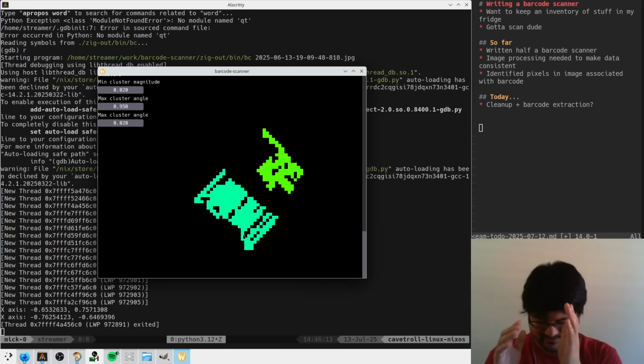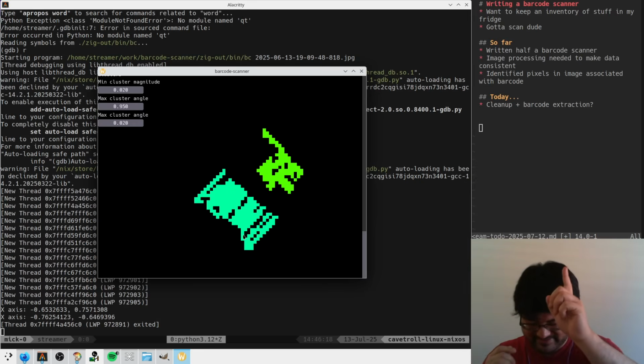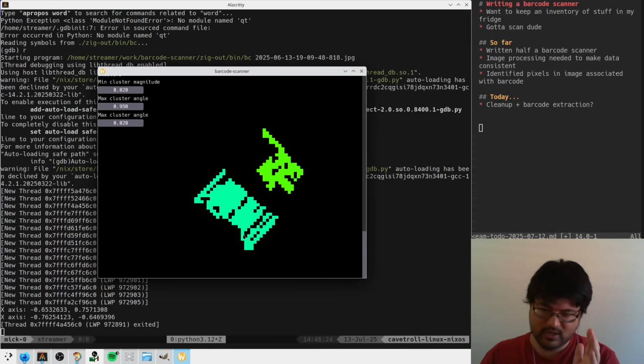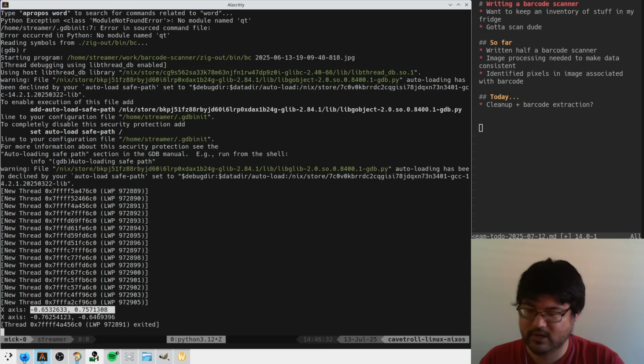Which way is y up? Up is positive, it should be. So this is pointing down and to the left, or down and to the right. This one's down and to the left, which is probably this guy. This one's down and to the right.